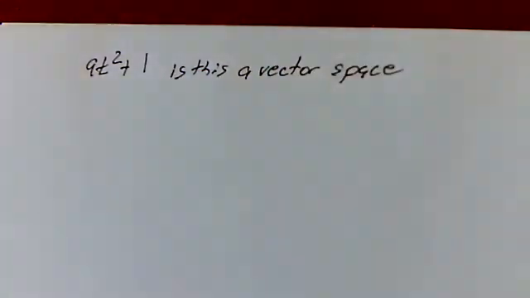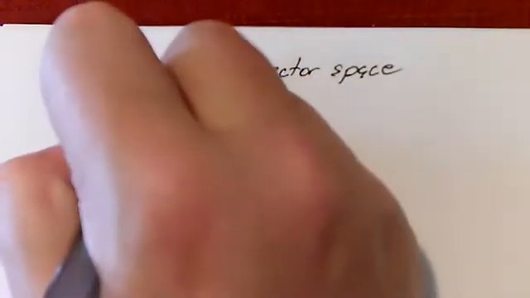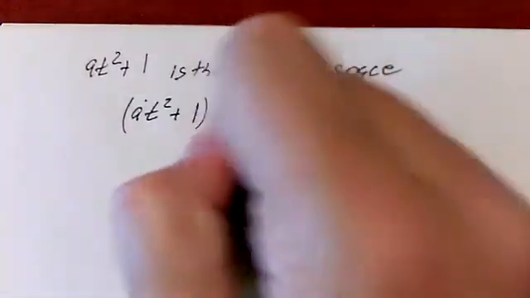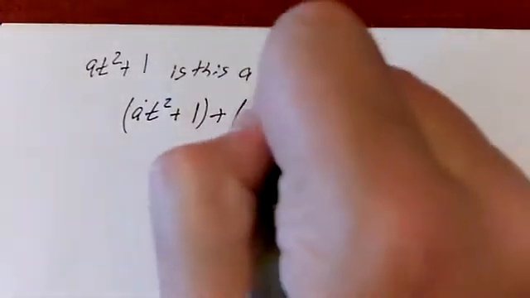So continuing this example, if I have at squared plus 1, I'm asking, is this a vector space? Well, in order for that to be a vector space, I need it to have 0. If I do at squared plus 1, the only candidate I could possibly have for my 0 vector would be 0t squared plus 1.